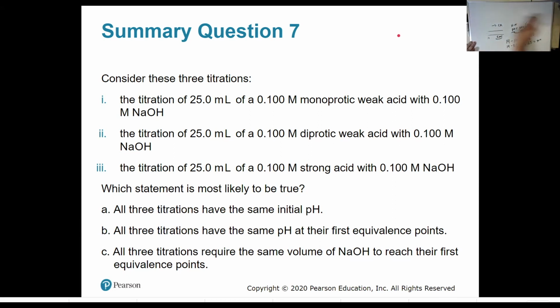It asks, which statement is most likely to be true? All 3 titrations have the same initial pH, all 3 titrations have the same pH at their first equivalence points, or all 3 titrations require the same volume of NaOH to reach their first equivalence points.